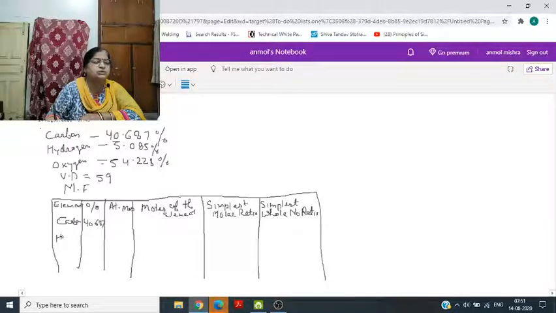Then hydrogen 5.085%, oxygen 54.228%. Atomic mass: carbon 12, hydrogen 1, oxygen 16.